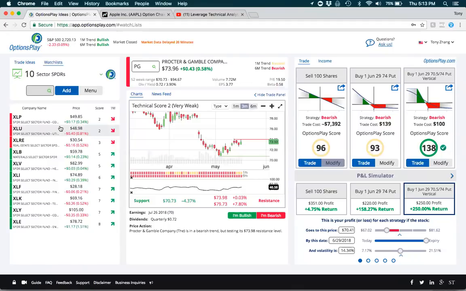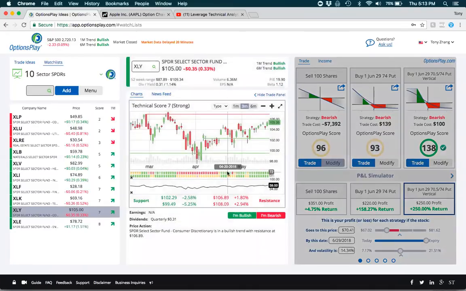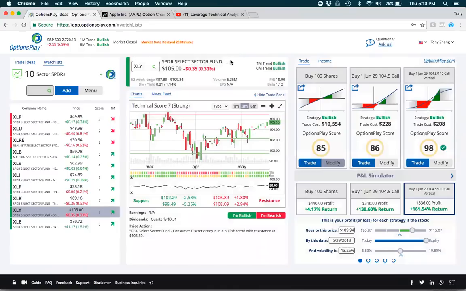That's just confirmation for my trade. Or if I'm looking at Macy's and it's in consumer discretionary, a very strong sector, great. That confirms my bullish views on Macy's. So again, these are all things that you can use as part of your technical analysis.